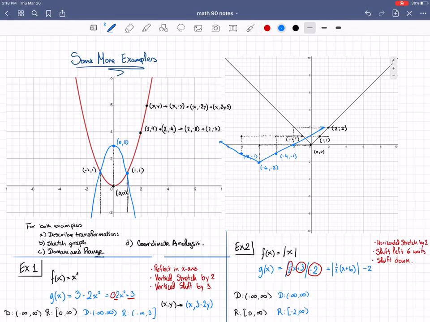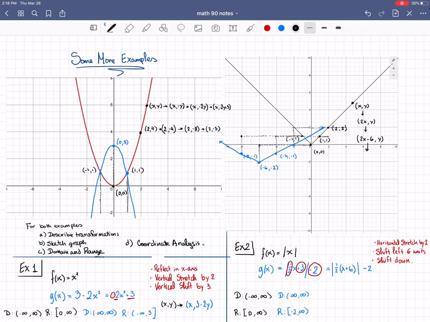Now let's talk about coordinate analysis, and I'm going to do it just the way that I did with the last example. So let's say that you started with some random point x, y. So for x, y, the horizontal stretch doubles the x-coordinate, so it becomes 2x, comma, y. The shift left 6 units takes us to 2x minus 6, comma, y.